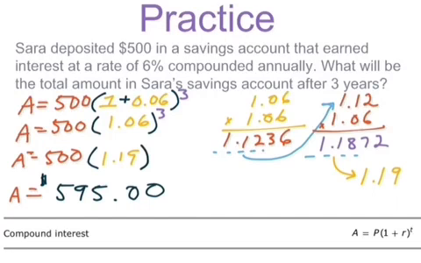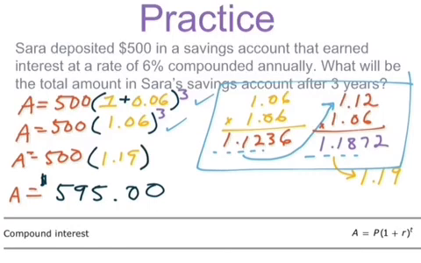Okay, so this is what I got here. We want to see in 3 years what will be the compound interest here. So I did 500, added right here the 1 plus 0.06, turning it to a decimal. I got 1.06. Needed to multiply it, actually cube it by itself, and that's this right here.